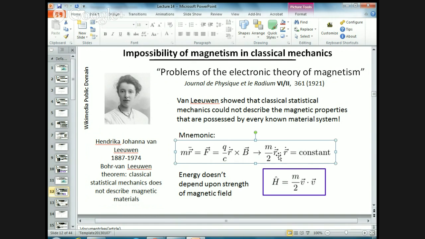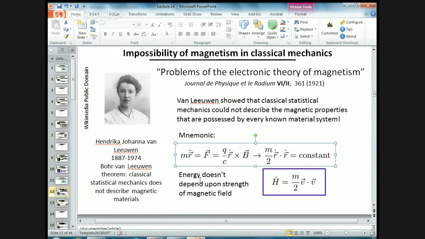And so that says that the kinetic energy of the particle doesn't change. Another way of thinking about it is the force is at right angles to the velocity, so the magnetic field never does any work on the particle. It deflects the orbit, but it doesn't change its energy. So in other words, if you have a particle and you turn on a magnetic field, the energy isn't going to change.